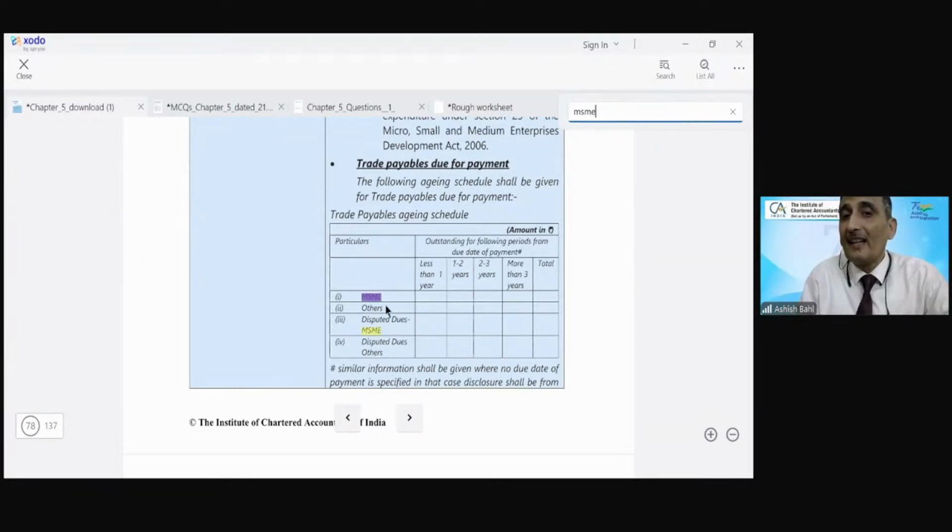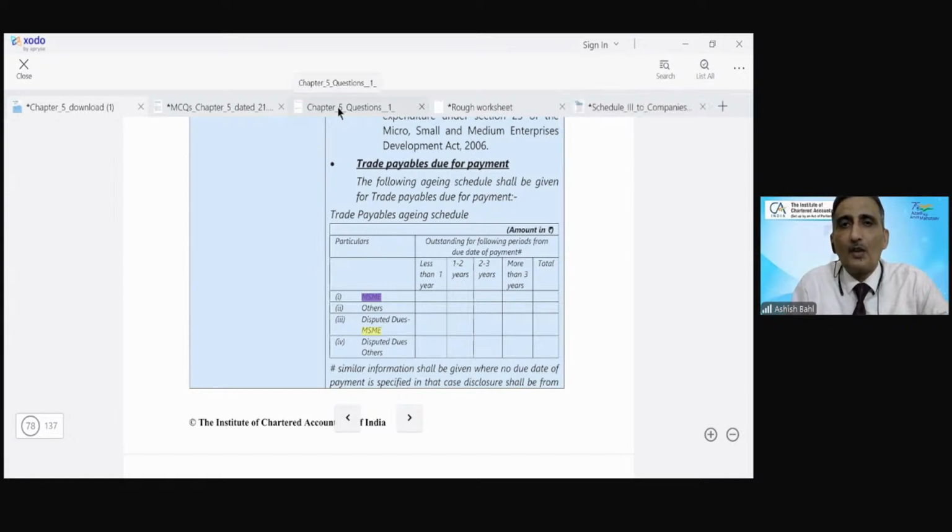It is asking for disclosure regarding MSME and others for different periods, and disputed dues for MSME and others. So the answer is option B, not A. Yes, Tejaswin, Kiran Kumar ji, is it clear to you? Yes, guys, now we'll quickly see some descriptive questions, how to answer questions in your exams.